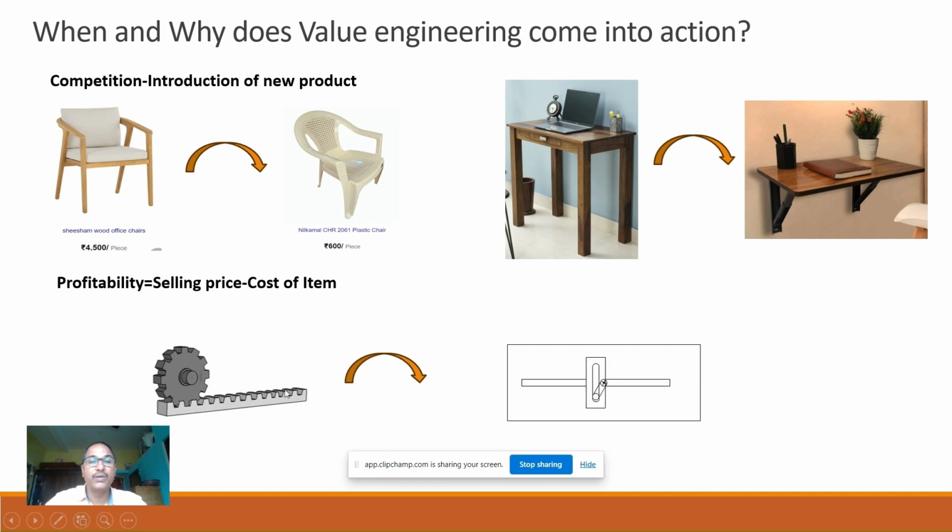So here we don't have to cut all these gears and things like that. This also serves the same function. In this case, the selling price was kept the same, but the cost of the item produced was reduced drastically. So that's the reason the profitability increased.